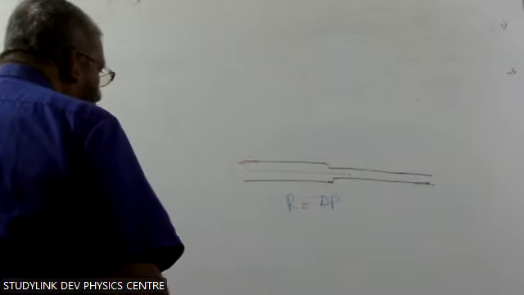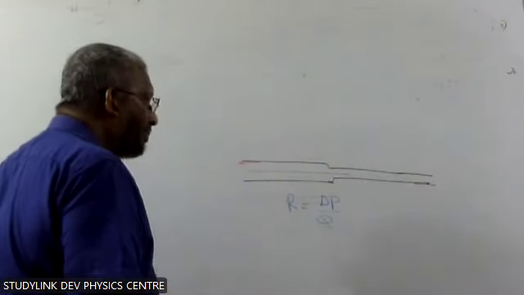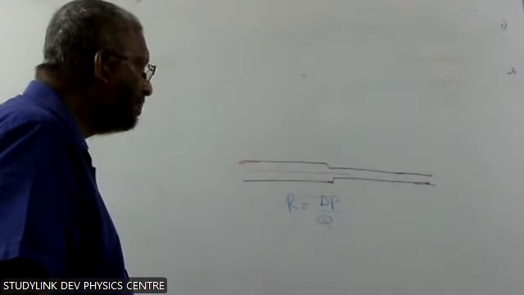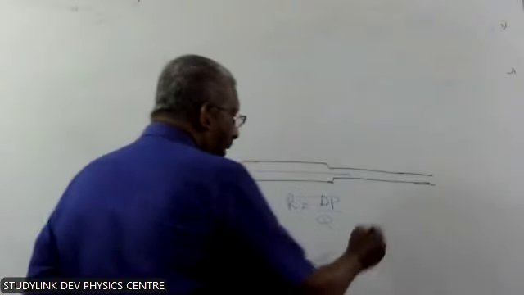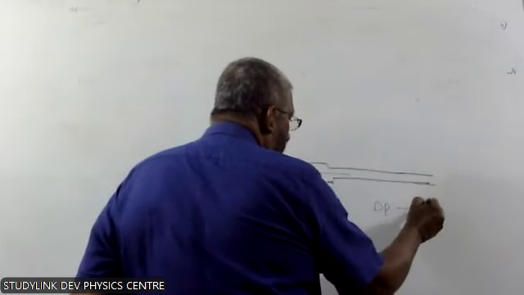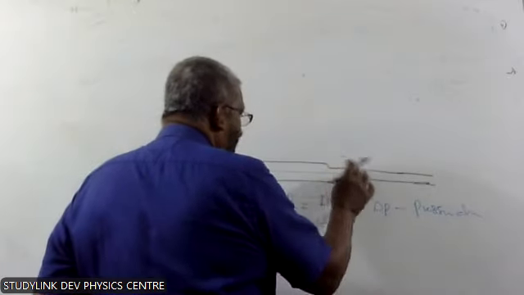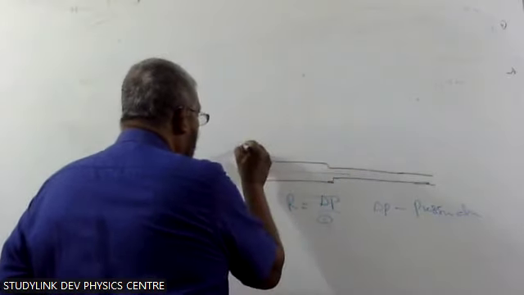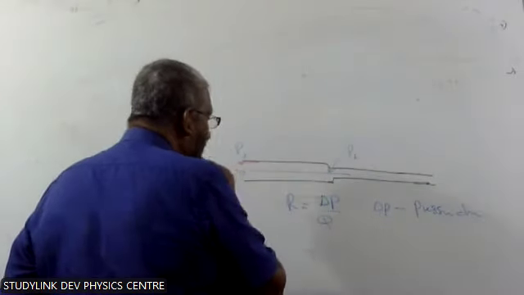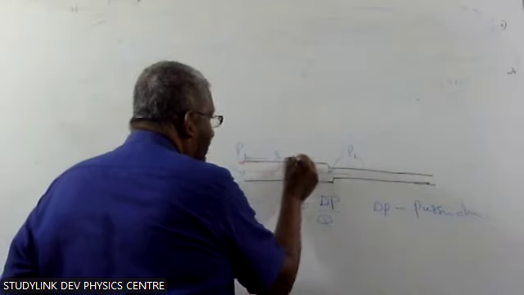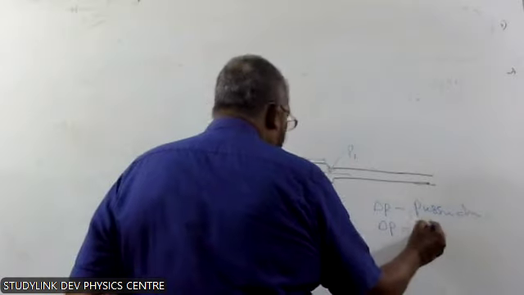But we can prove it again as R equals delta P divided by Q. Q is the rate. Delta P, pressure difference. So then, if you consider this is P1, this is P2, then this length is L, delta P is equal to P1 minus P2.